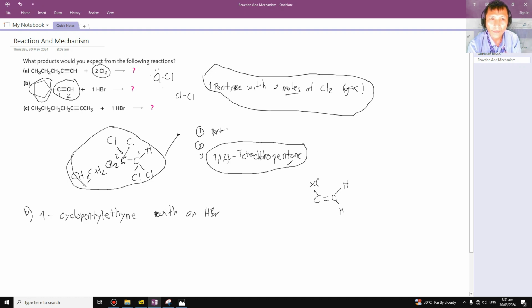This X is actually your bromine, and this will attach R. So what is your R? That is actually your cyclopentyl. So the answer should be a C single bond Br, and then you would have a cyclopentyl, drawn like that. Okay, that's cyclopentyl, and then you would have a double bond with carbon, and then a hydrogen and a hydrogen. So that is the final answer.